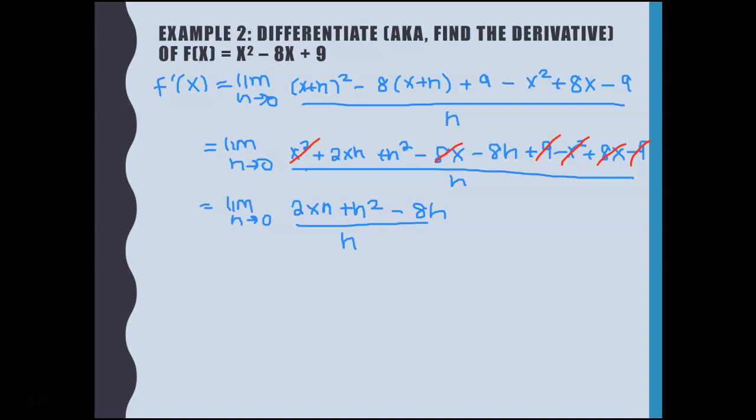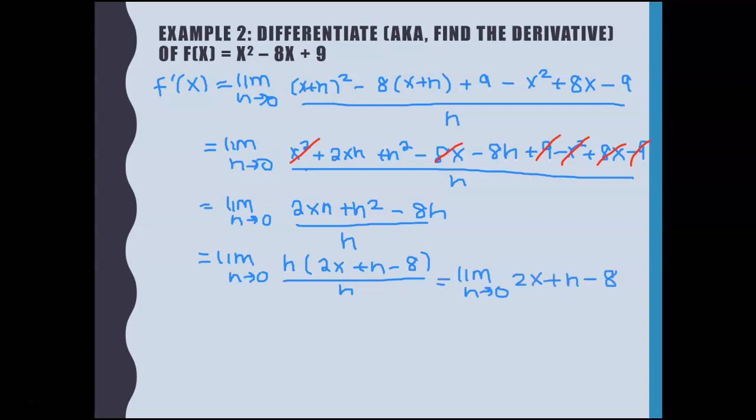Each term has an h, so we take it out, leaving the limit as h approaches 0 of 2x plus h minus 8, making your derivative or slope 2x minus 8.